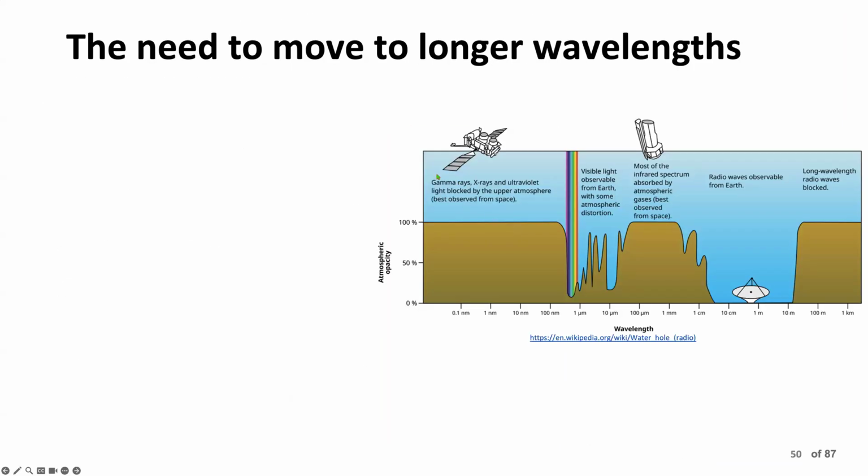Here's how light from the universe gets to us. It depends on the transparency of the atmosphere of Earth. We see the colors coming from the sun because the atmosphere above us is transparent in the colors that we have evolved to be sensitive to.